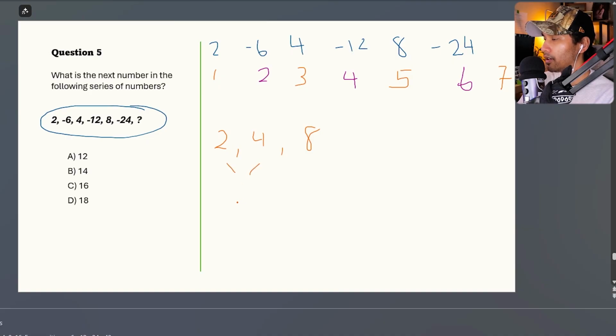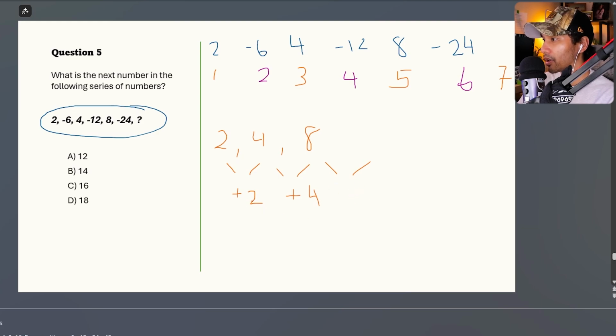2 to 4, that's +2. 4 to 8, that is +12. Okay? Oh no, I'm sorry. Went ahead of myself. 4 to 8, that's just +4. And then what's happening here?